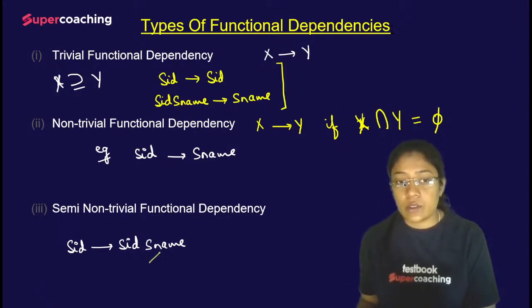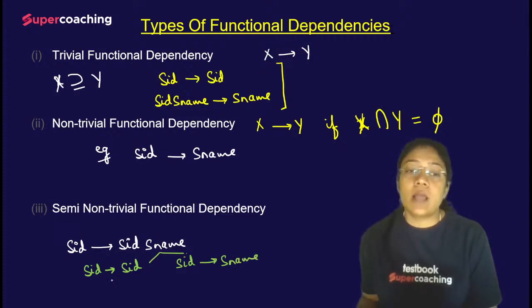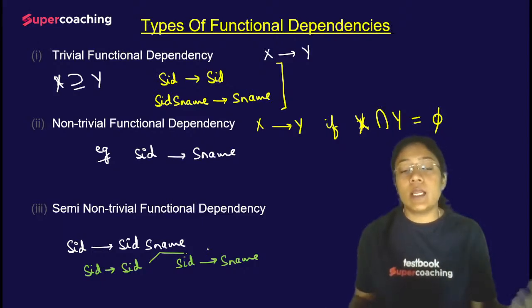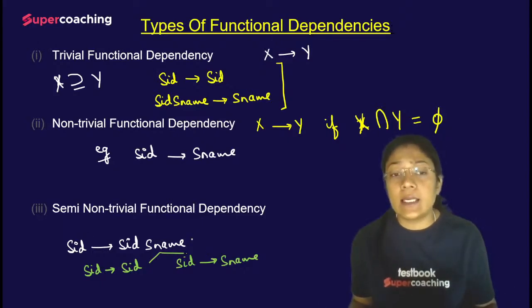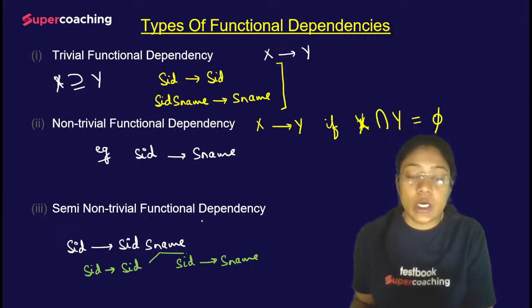On the basis of this, we can write this as, applying the splitting property, SID determines SID and SID determines S name. So the first part is the trivial functional dependency, the second one is non-trivial. So we can say that SID determines SID and S name is an example of the semi non-trivial functional dependency.